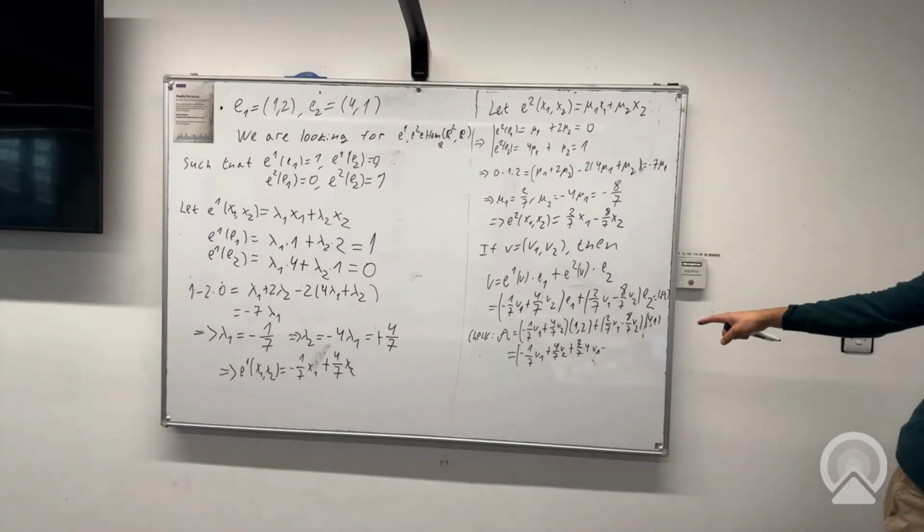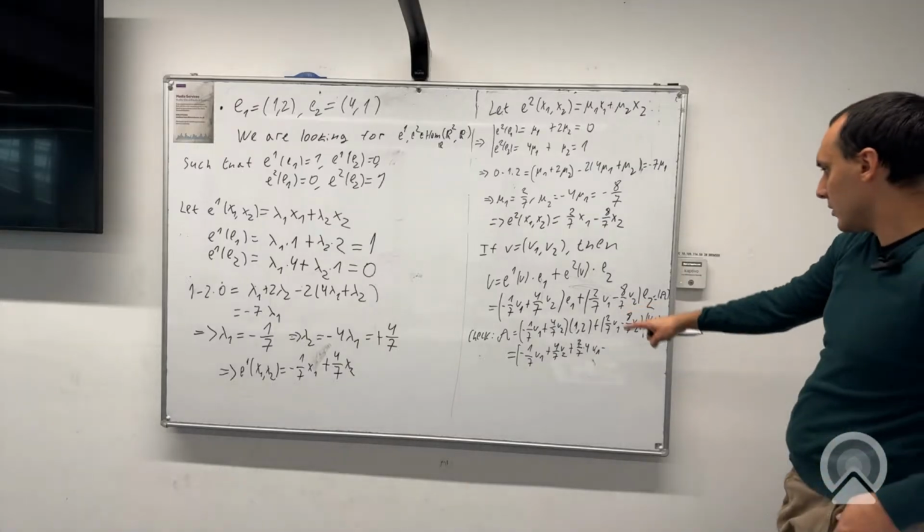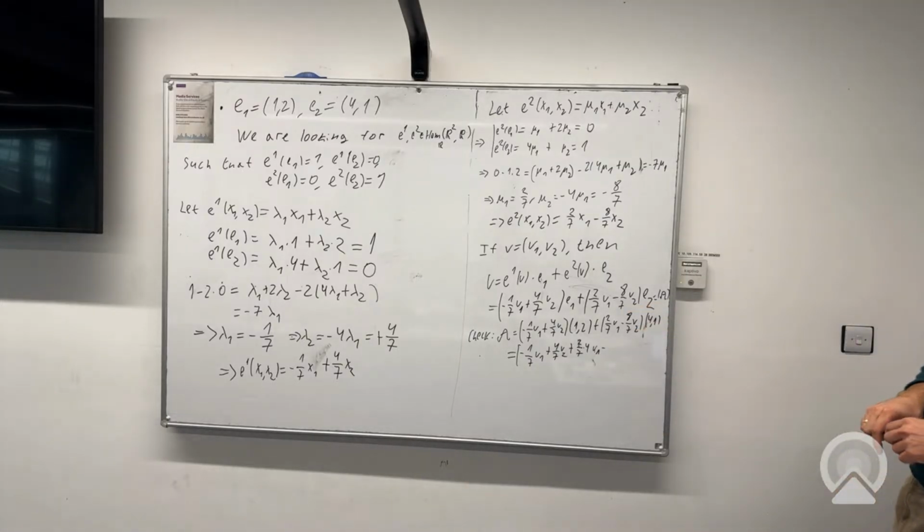Okay, so 4/7, sorry. The second coefficient seems to be wrong. It should be 1 minus 8/7.